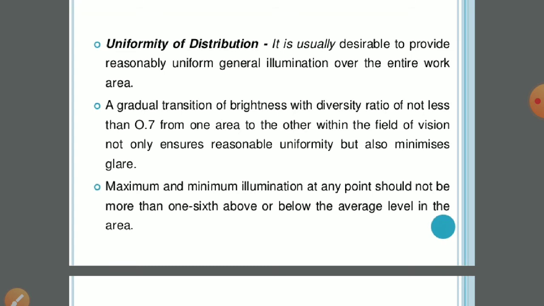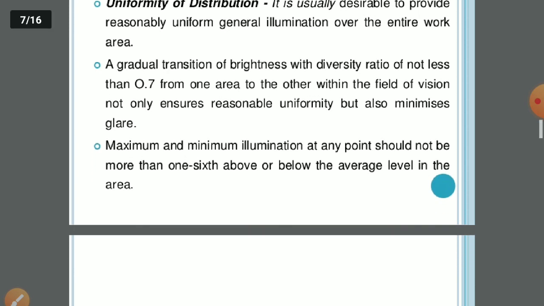Then gradual transition of the brightness with a diversity ratio not less than 0.7 from one area to another within the field of vision not only ensures reasonable uniformity but also minimizes the glare. Then maximum and minimum illumination at any point should not be more than 1/6 above or below the average level of the area. That's another point you have to consider.